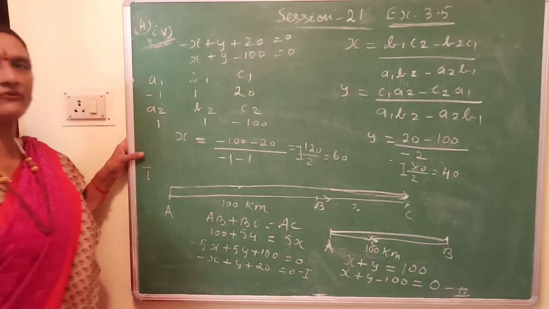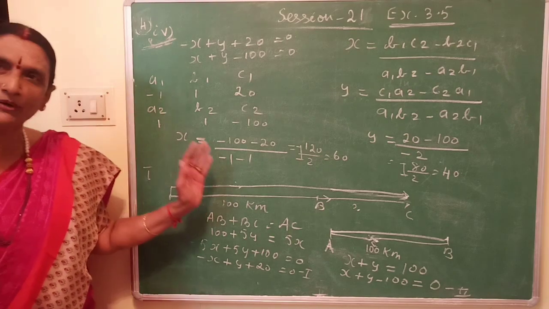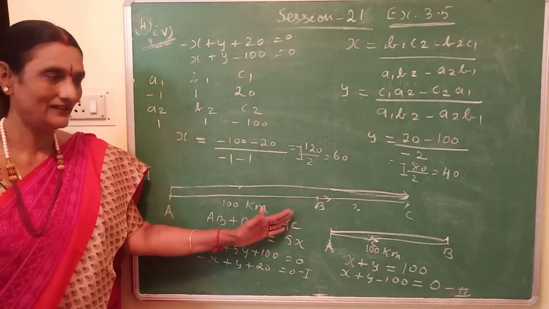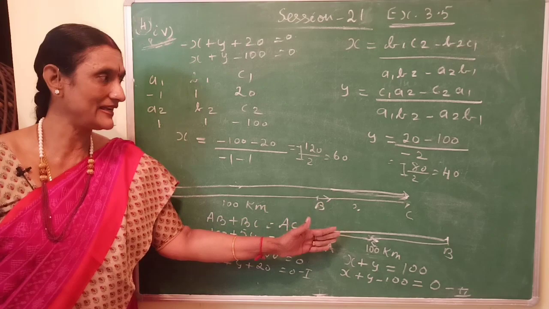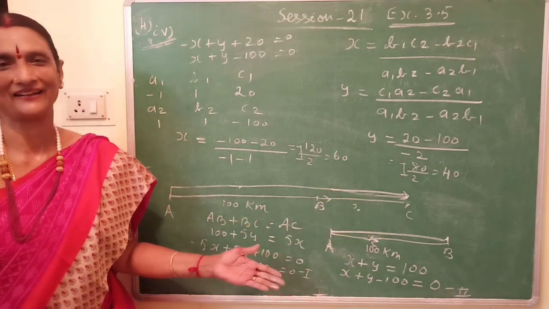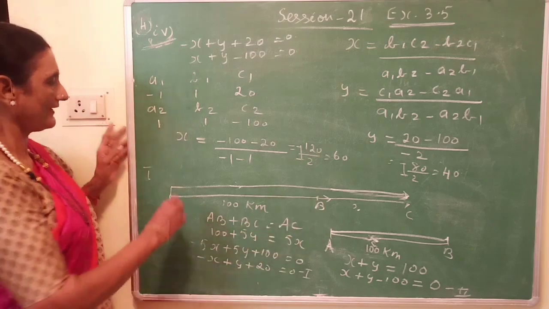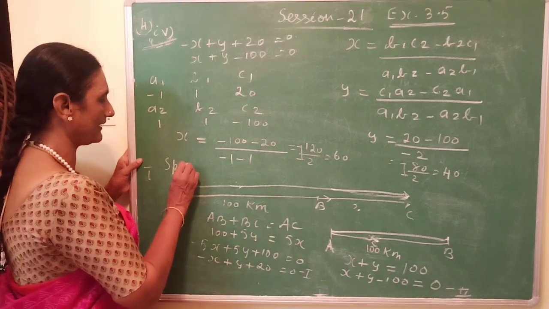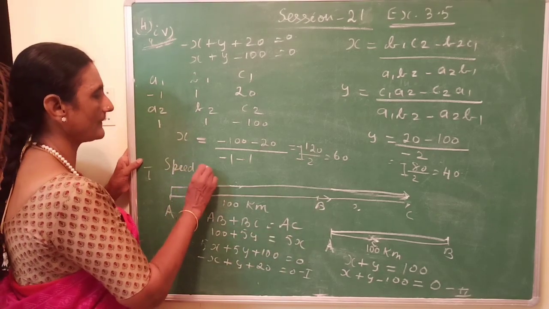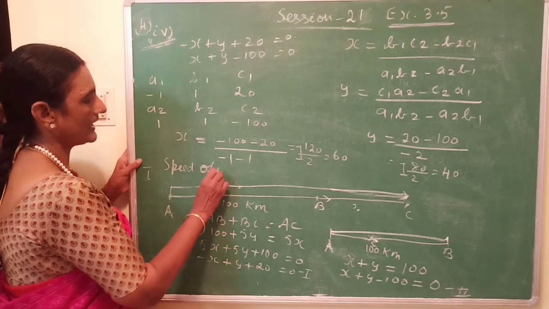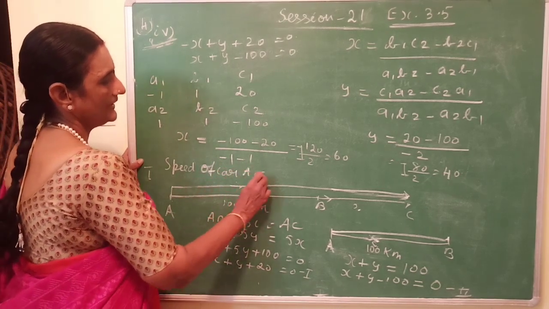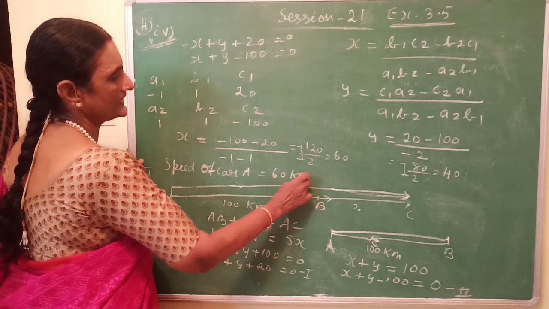Therefore, the speed of car number A is 60 km per hour. The speed of car number B is 40 kilometers per hour. Are you understanding? So you cannot leave the answers as x and y. Right here, speed of car A is equal to 60 km per hour.